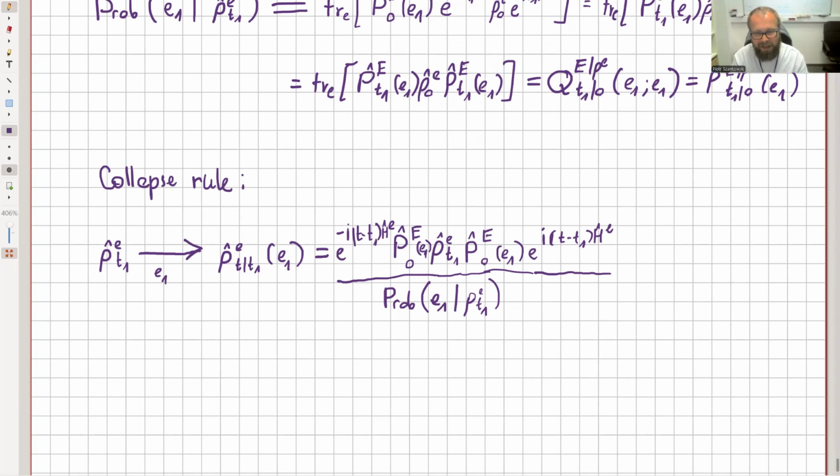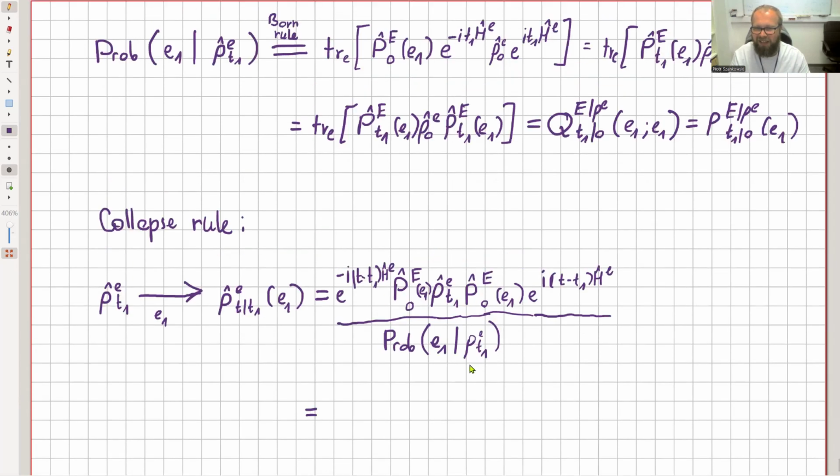And with some very simple algebra, we can replace this probability, which we know from the previous step is the diagonal part of the bi-probability. And this density matrix is ρ_E(0) e^{i T1 H_E} e^{-i T1 H_E}. So you can use the evolution operators from here and here to switch to the Heisenberg picture for the projectors.